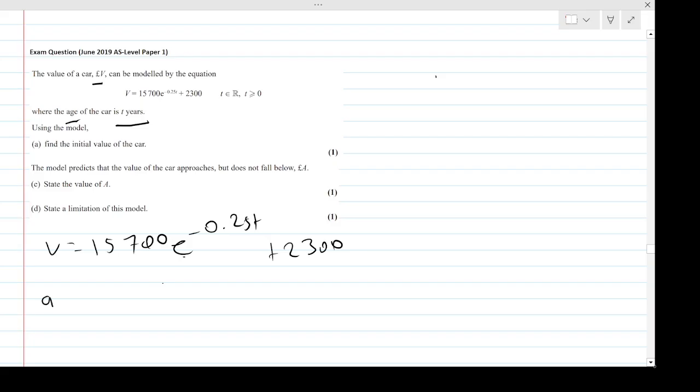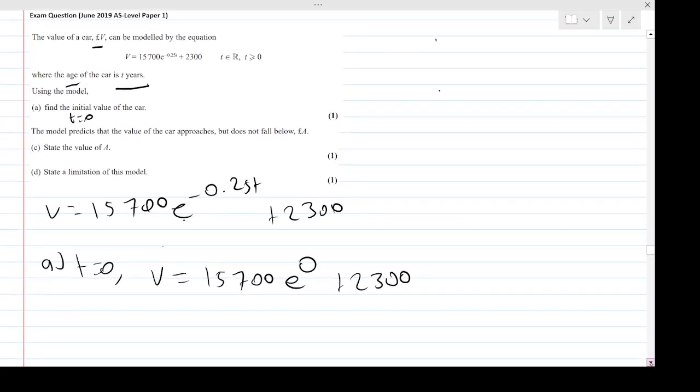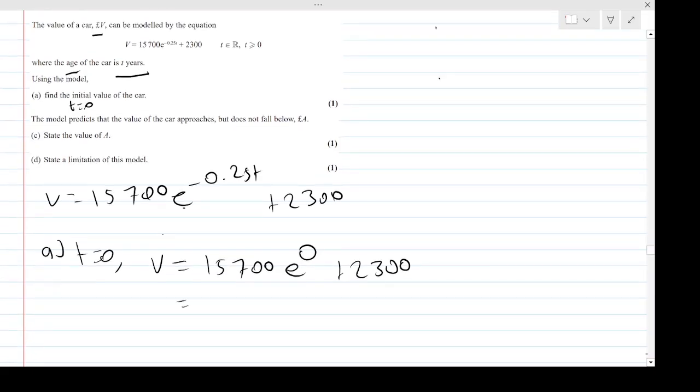So we first need to find the initial value of the car. Initial means the time is 0. So if time is 0, then the value will be 15700 e to the 0, add 2300. E to the 0 is 1, so we've got 15700 lots of 1, add 2300.